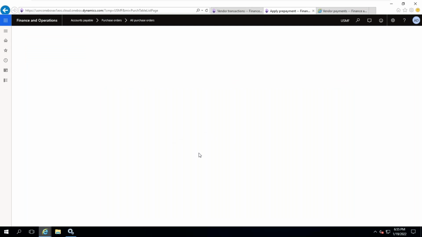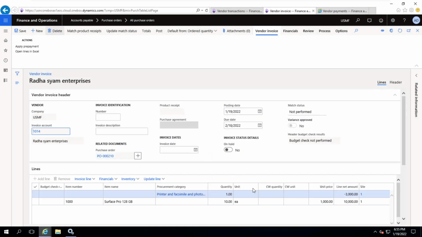Now, if you apply prepayment, what happens? 10,000 minus 3,000 was posted. These two are updating. Okay. Now update mass status. You need to enter the vendor invoice number and date, then update mass status.